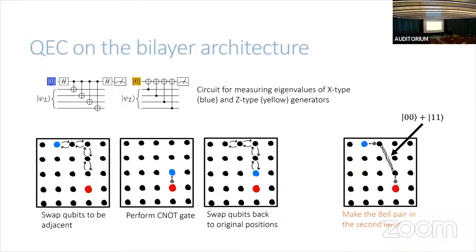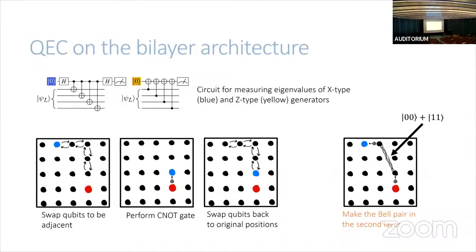But if we want to do it on this 2D local architecture, say we want to perform a CNOT between the blue and the red qubits, then we first have to move the blue qubit into position, perform the CNOT gate, and then potentially move it back. And then each of these swap operations can be decomposed into 3 CNOT gates. So we can imagine that the error that you're going to accrue throughout this process is pretty high.